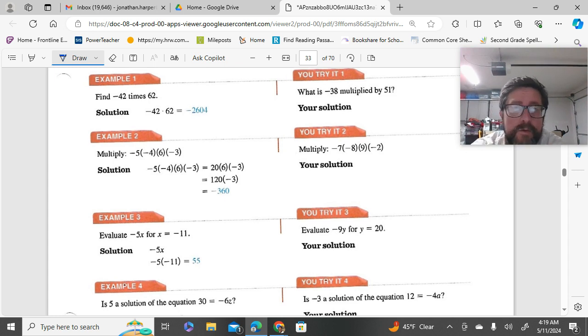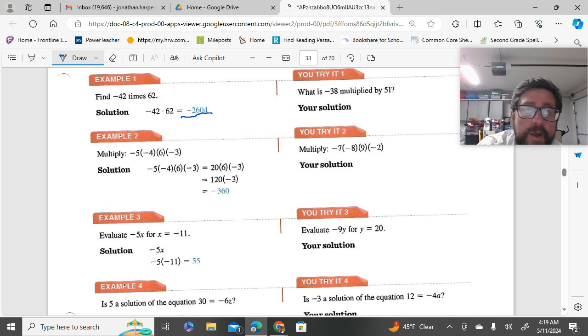I'll go through the first one. Find negative 42 times positive 62. So you're taking a negative times a positive, so your product is going to be negative. So it's negative 2,604. And if you need to use your calculators, use your calculators.